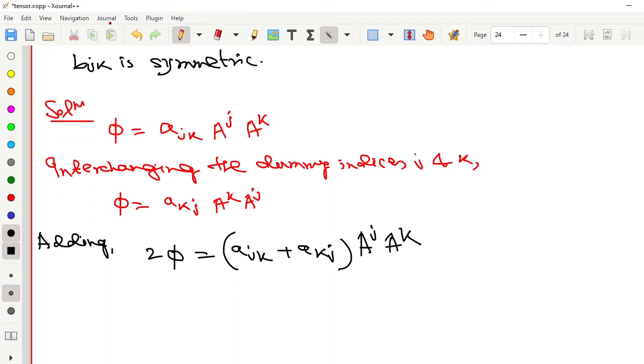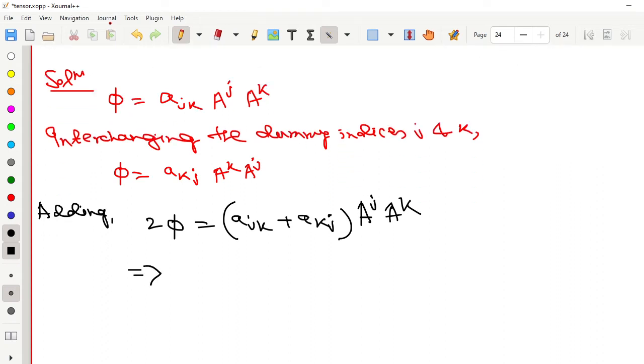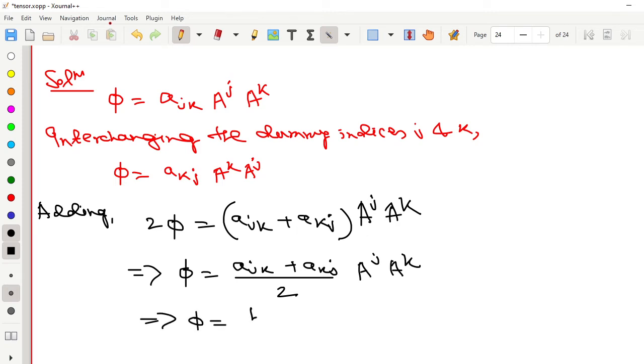Now I write this one, excuse me, as phi equals (ajk plus akj) divided by 2 times aj ak, and then I write phi equals bjk aj ak, where I write bjk is (ajk plus akj) by 2.